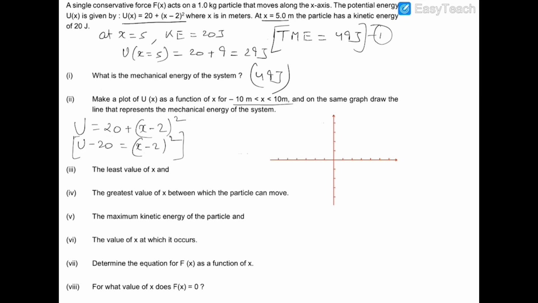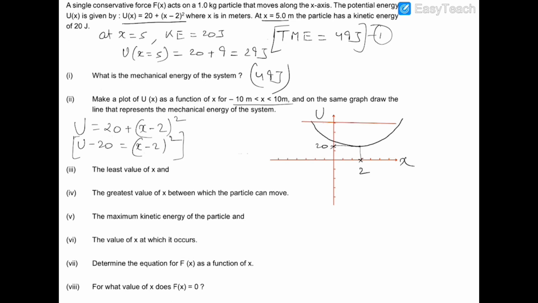So if I plot this on the x-axis, then the parabola will be like that. And its coordinates will be, this will be 2 and this will be 20. The total mechanical energy is 49.